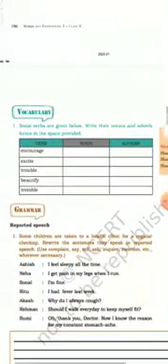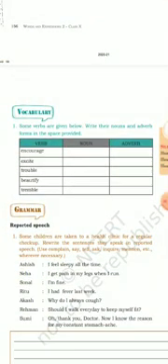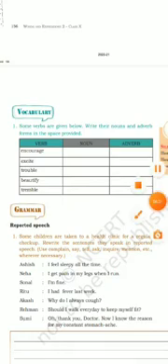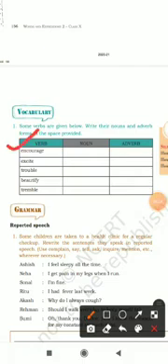Now another exercise of vocabulary we have here. Some verbs are given below. Write their nouns and adverb form in the space provided. So we are talking about this. Verbs are given. We have to make noun and adverb. Encourage, and the noun will be encouragement.